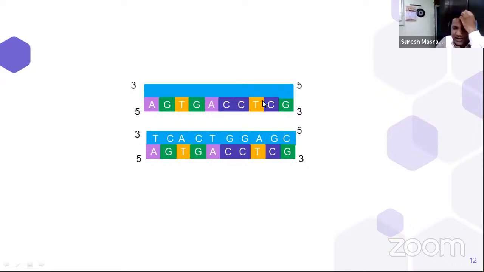This X-ray cassette is a dark box, and that dark box is placed into the freezer in a frozen condition for several days. Whatever radioactive material is present over the gel undergoes decay, and this decay forms markings on the X-ray film, and when we subject such X-ray film to autoradiography, we can see these different tags.